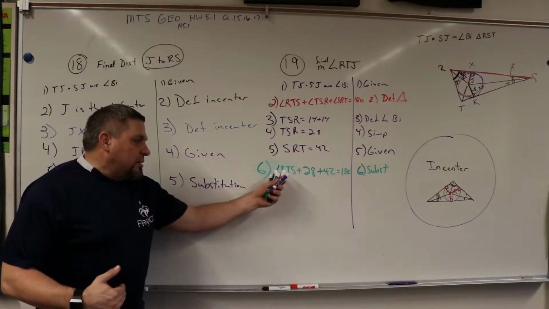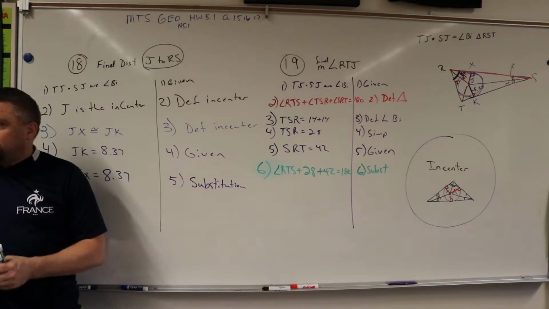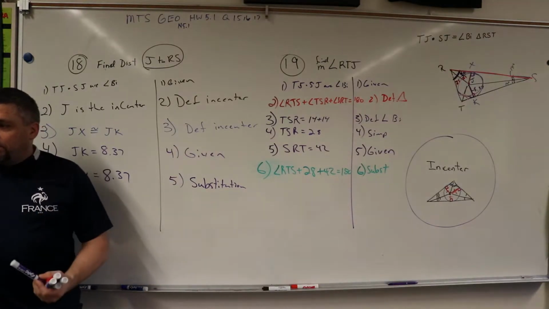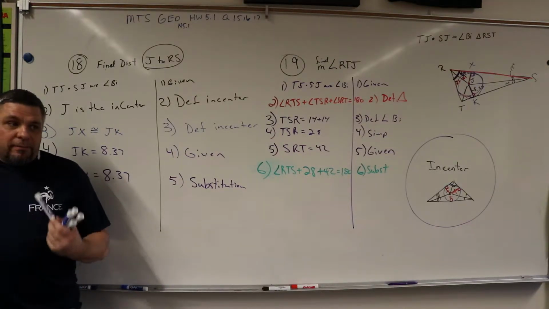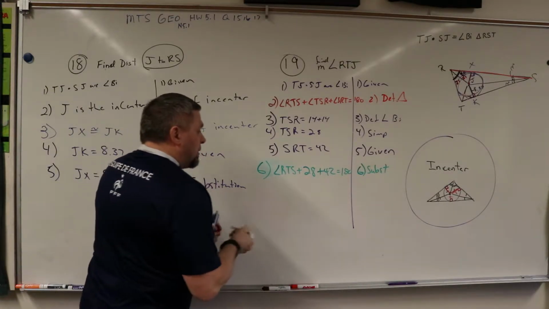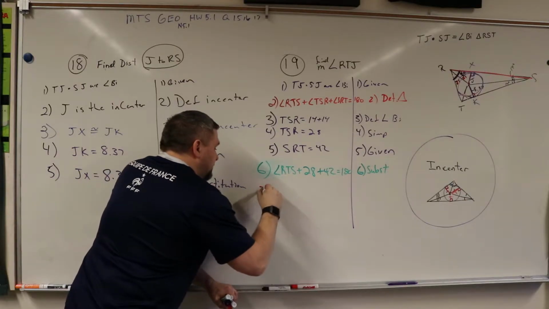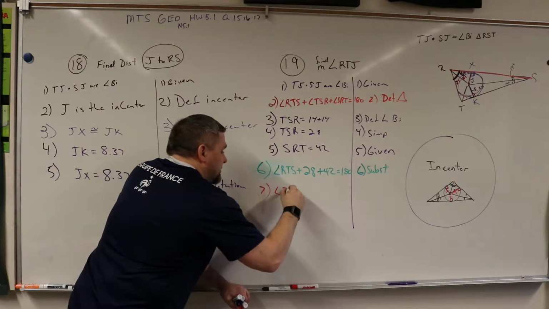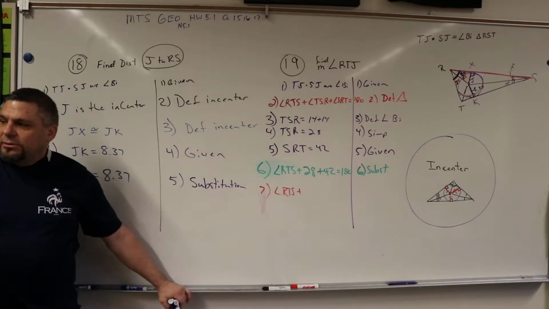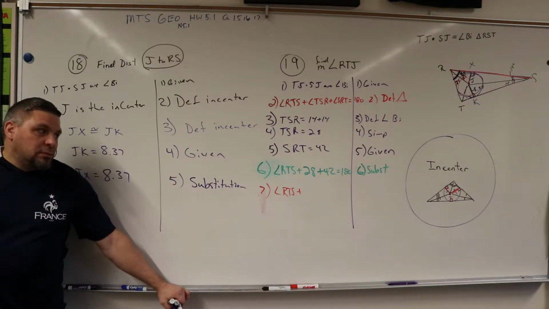So now what? How do we figure it out? How do I figure out what RTS is? Simplify. 7, right, is that RTS plus what? What's 28 and 42? 70.